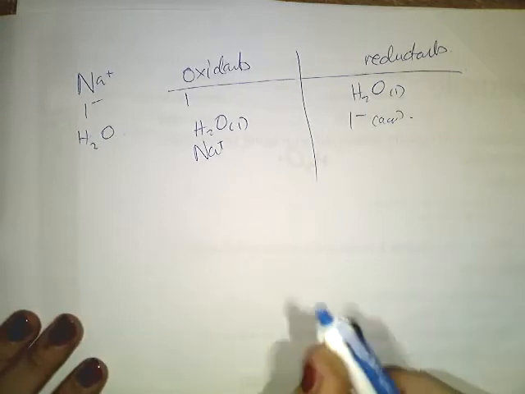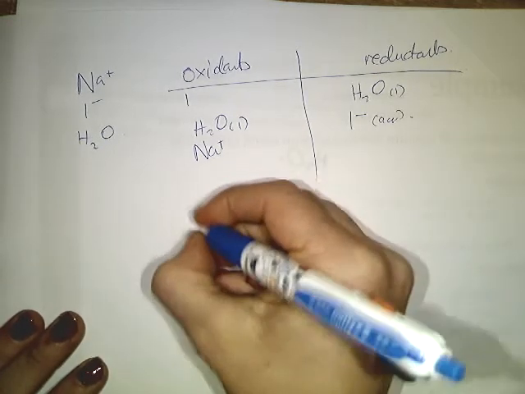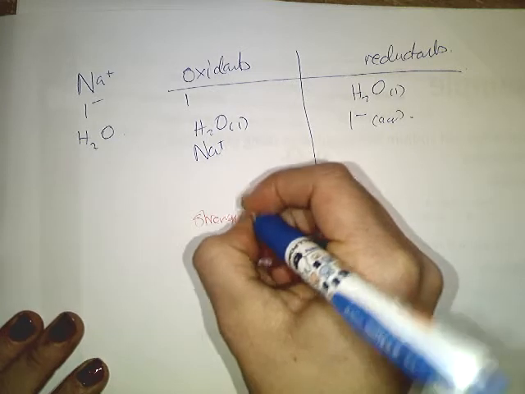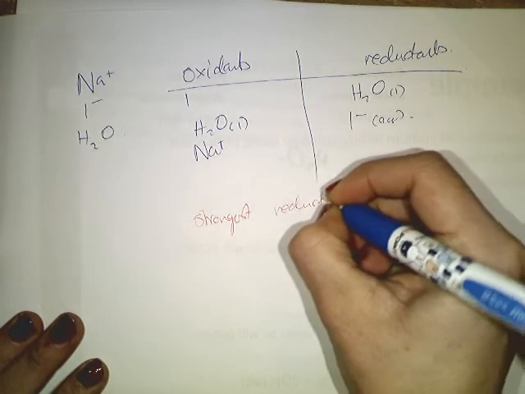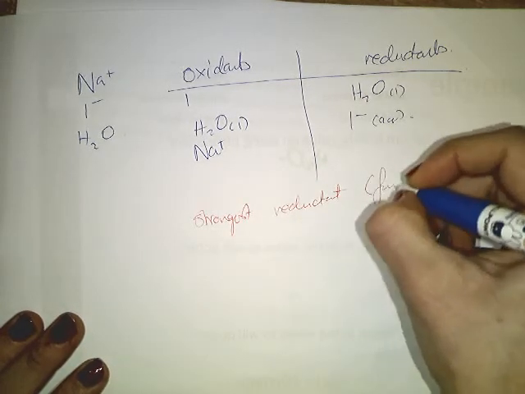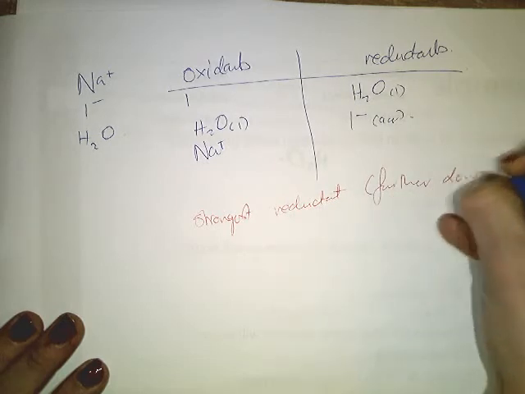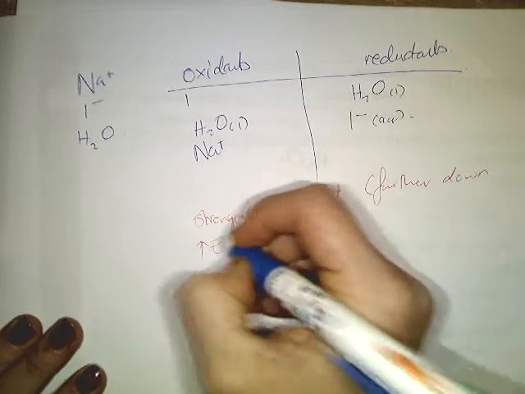Now, in selecting which reaction is going to occur, you pick the strongest reductant. In other words, further down or highest E naught.